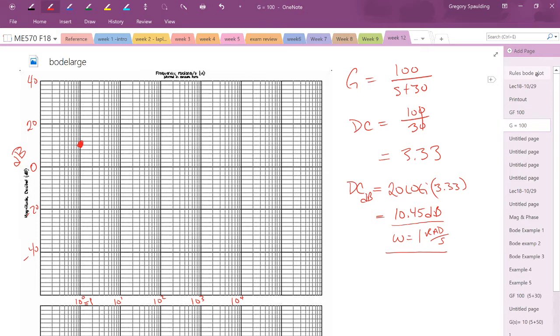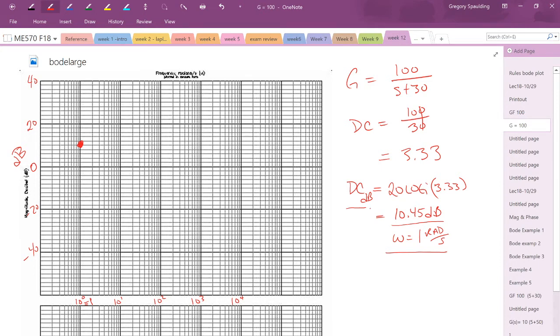Okay, so now let's go back here. So that's the first thing we're going to do, is plot our DC gain on our Bode plot at omega equal 1. Now, why did we do it at omega equal 1? What is our DC gain? Our DC gain is the output over the input at a constant value of DC.